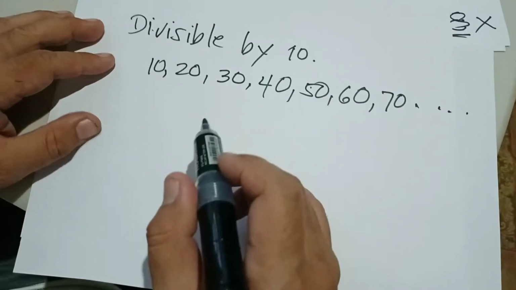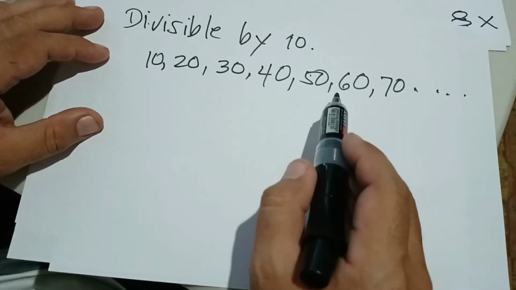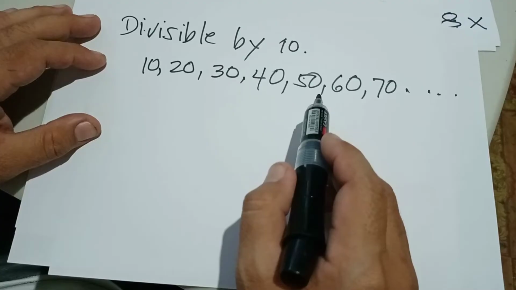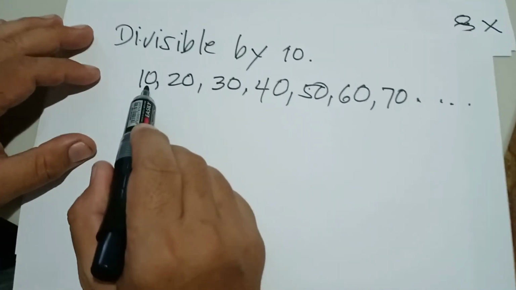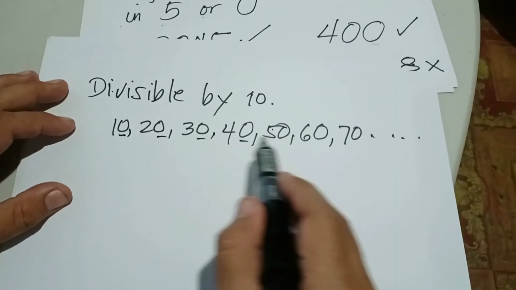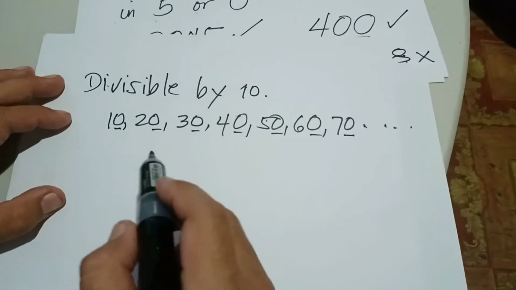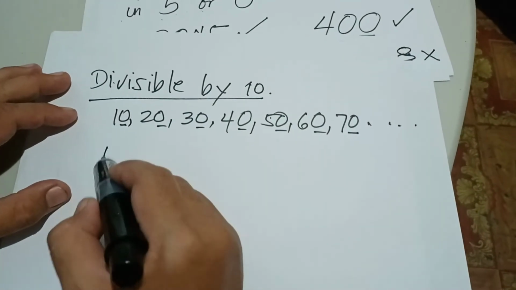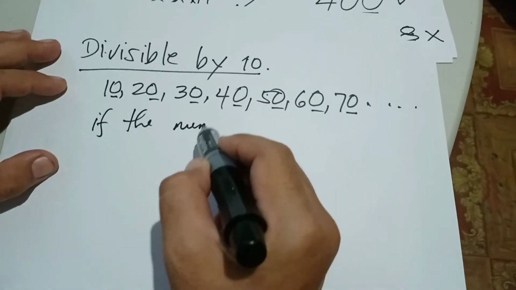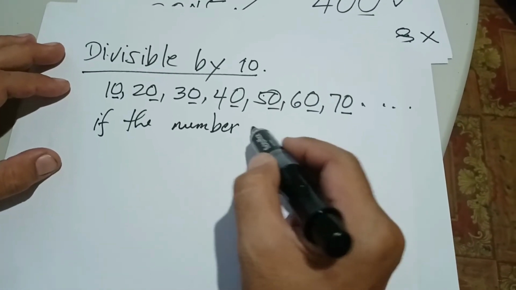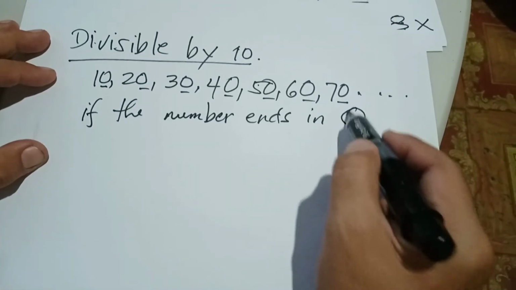So, ano napansin natin? What do you notice to those sets of numbers? These are multiples of 10. So, the multiples of 10 are numbers divisible by 10. So, napansin natin, all numbers, yes, they are all ending in 0. Divisible by 10 if the number ends in 0.